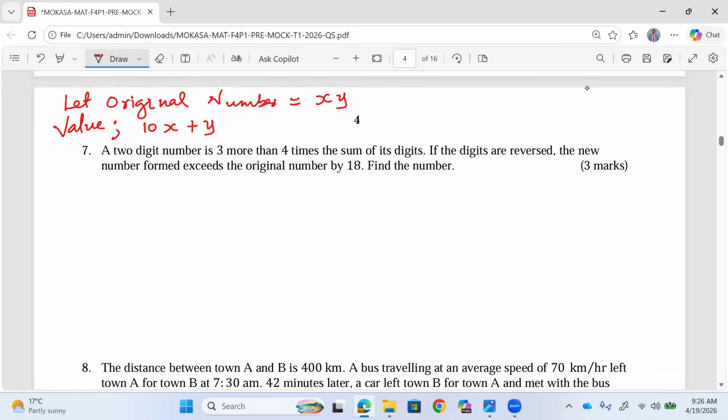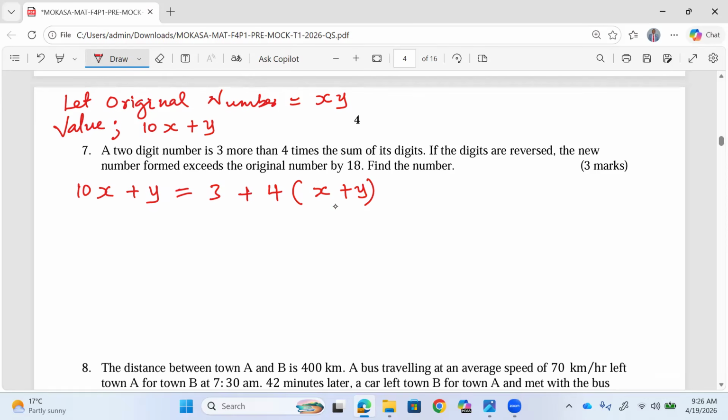So it is 3 more, meaning that this number is greater by 3. 3 plus 4 times the sum of digits.